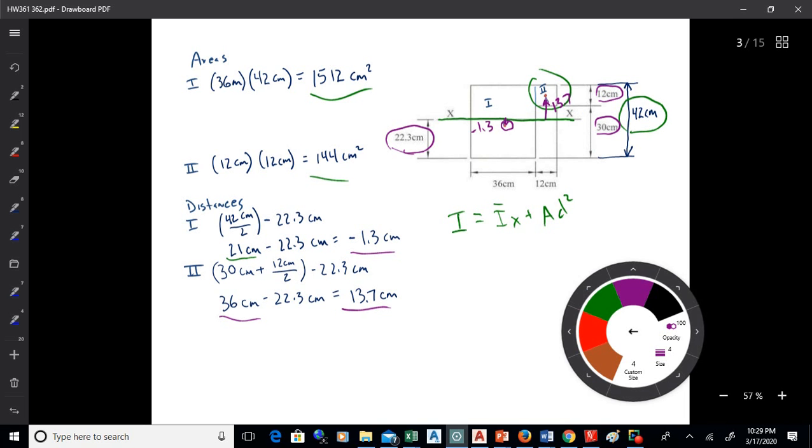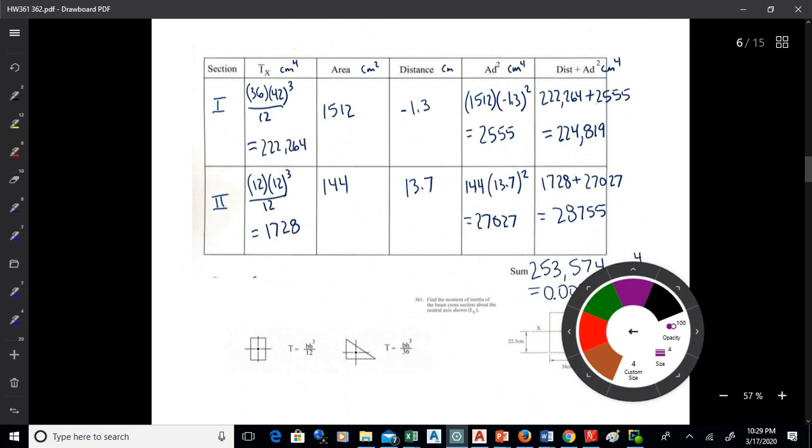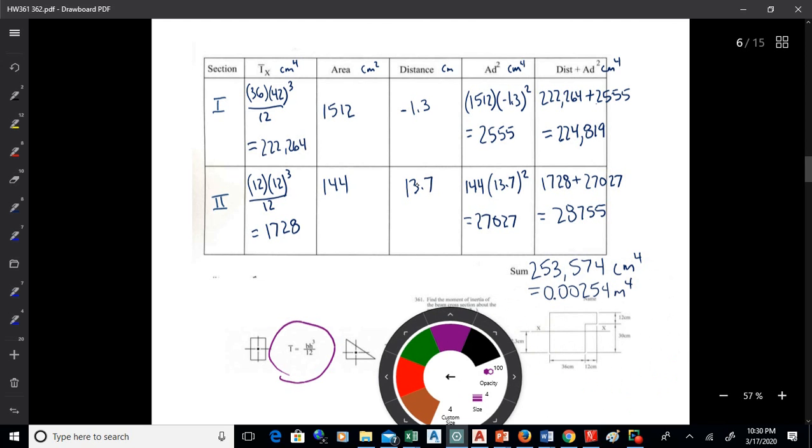Now I've got the areas and the distances, so I can fill in a table to find the moment of inertia of that shape about the axis. I find I bar x, which is b h cubed over 12. That's this formula right here. For the large rectangle, I'm just going to go the base, 36, times the height of 42 cubed over 12, which is 222,264.